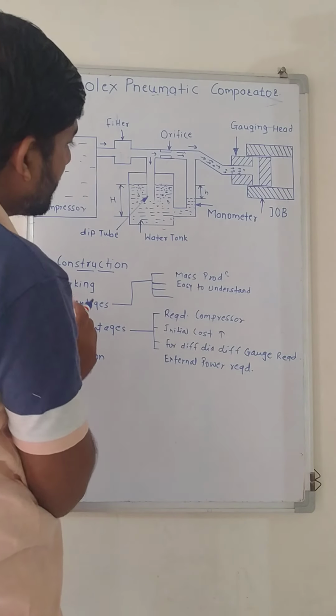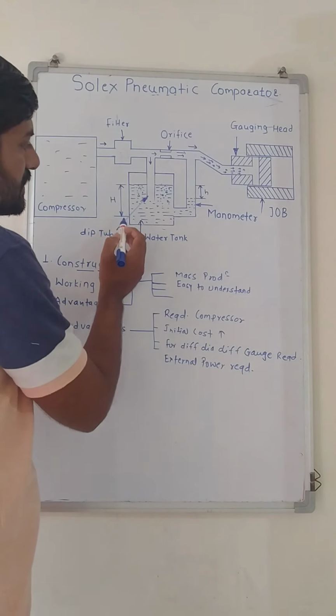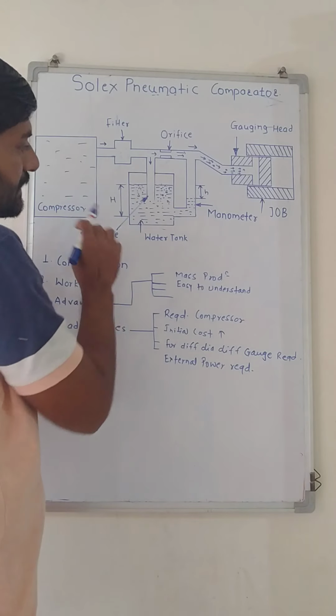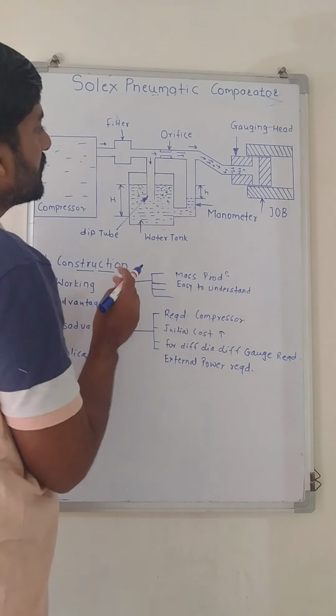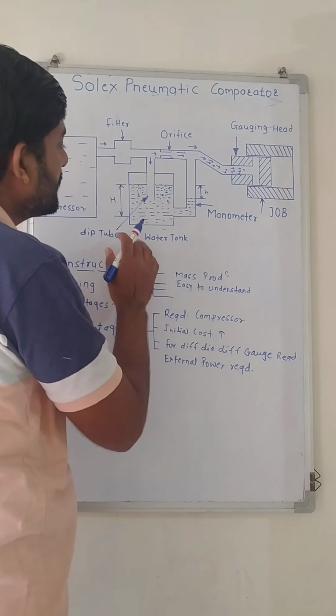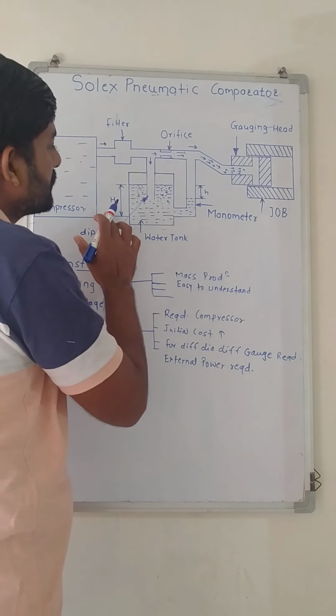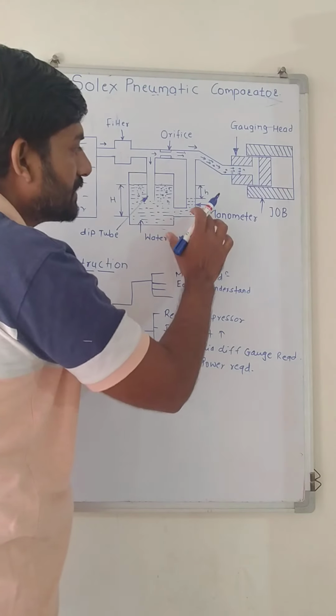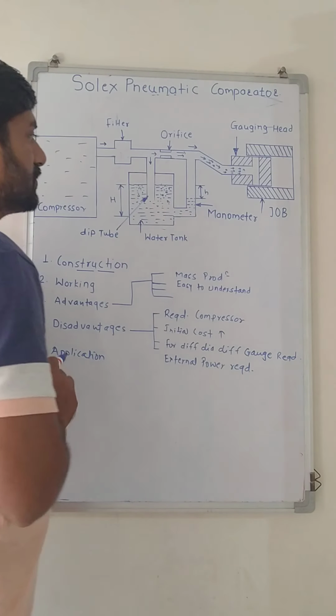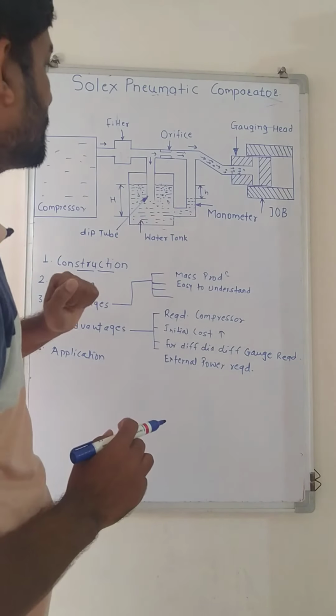Here you can see capital H. Capital H means the level of water in the water tank, and small h means the pressure difference between capital H, that is the water tank level, and the manometer water level. So this is the manometer.